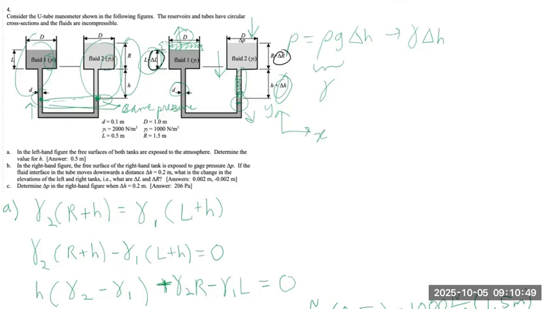So this is similar to what we did for part A. We want to find a point at which the pressures are equal, and a convenient point is this point over here, and we'll use this height as H plus delta H.